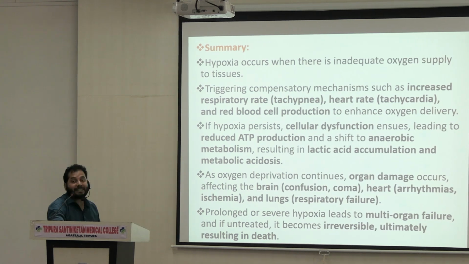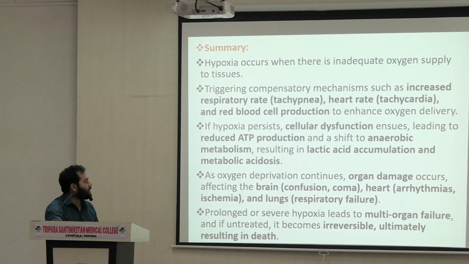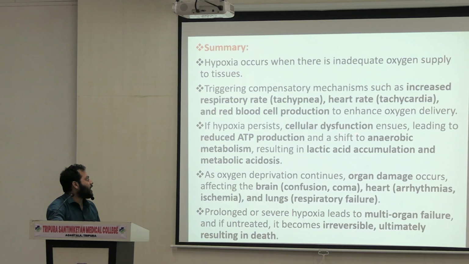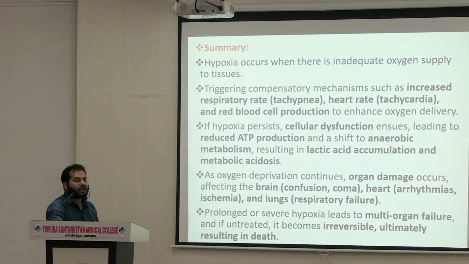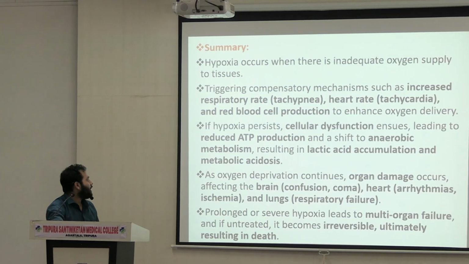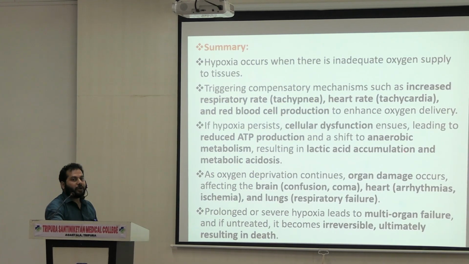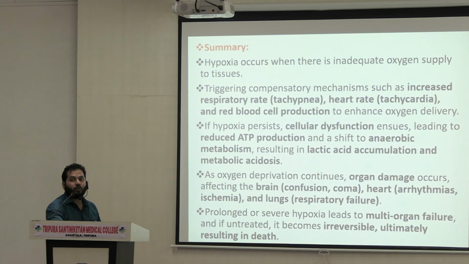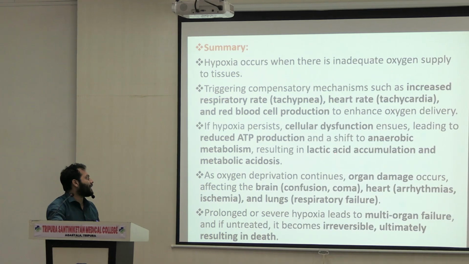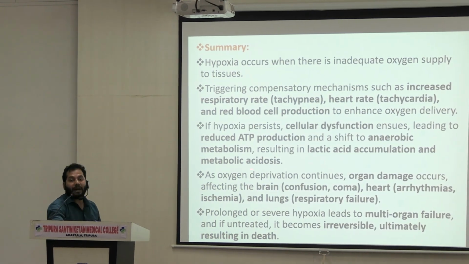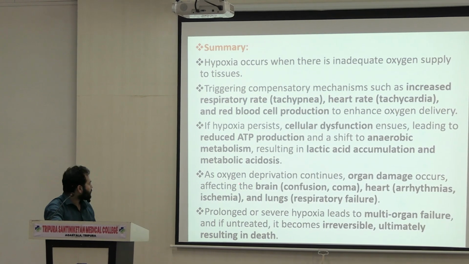If hypoxia persists, there is a cellular dysfunction, right? And it leads to reduced ATP production, as I already mentioned, and also there is a shift to anaerobic metabolism. Due to anaerobic metabolism, there is an accumulation of lactic acid, ultimately leading to metabolic acidosis, right?